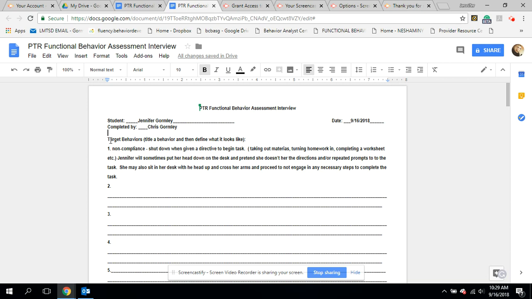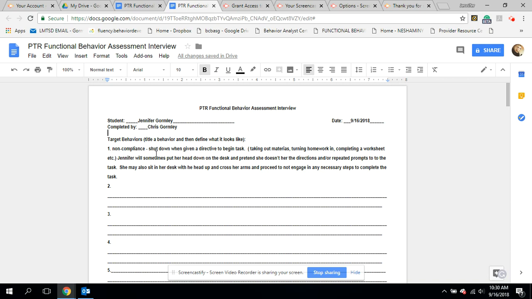So the first part is right here where it says target behaviors, title of behavior, and then define what it looks like. Okay, so I went ahead and put one in already. And it says, I named it or gave it a title as non-compliance.